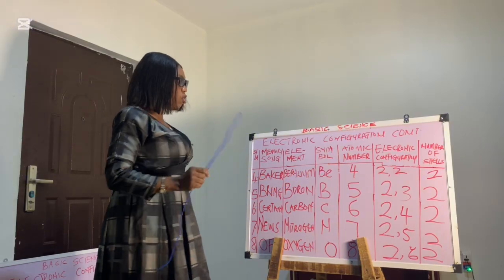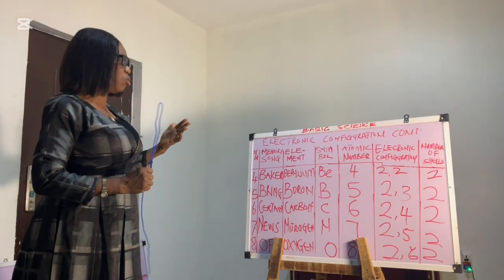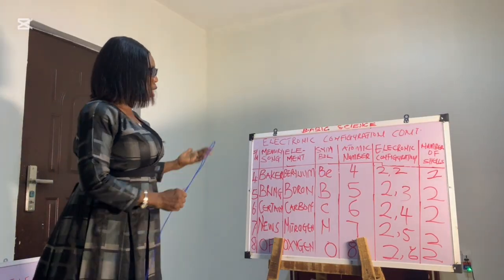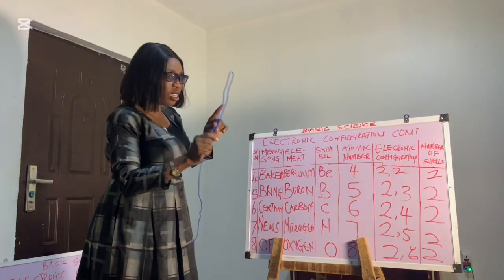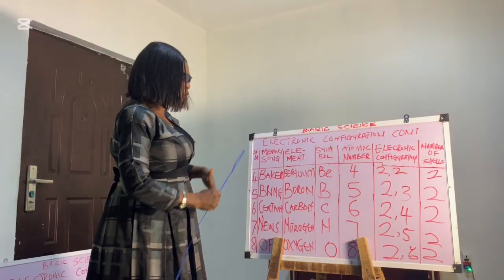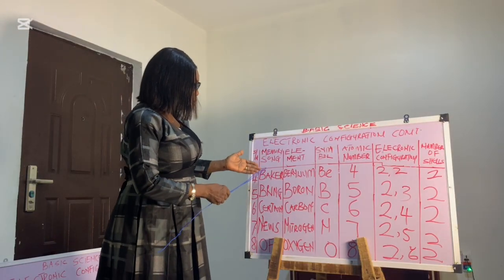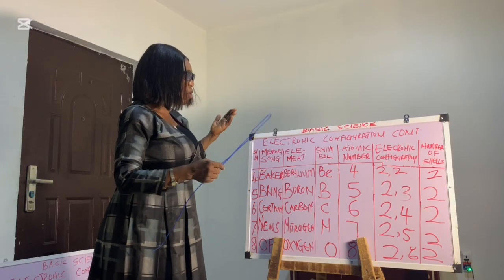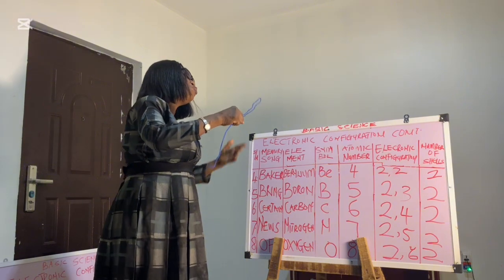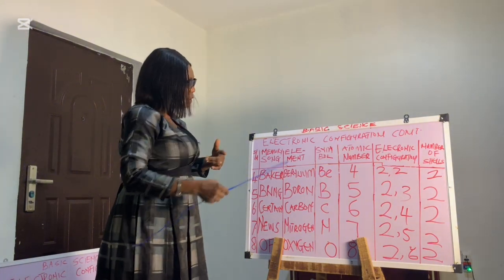Another thing I used to do in my school days, I used a lot of methods to help myself so that I would not be confused. For example, you know that E comes before O in the alphabet A, B, C, D, E, F. So when something wants to confuse me, I look for a method. For example, baker and bring both start with B. How do I know which element that starts with B will be 4 and which will be 5?